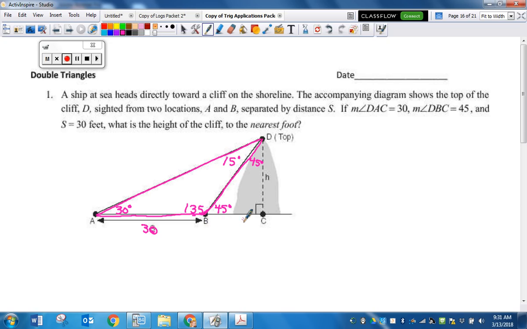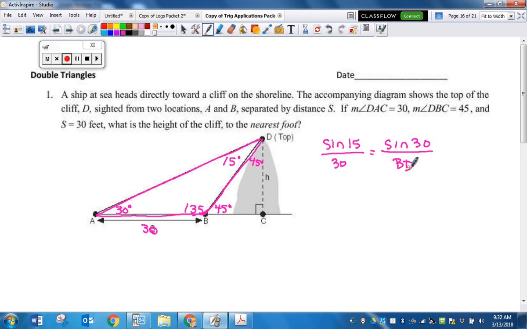You could, again, there's a variety of ways you could do this. You could focus on the bigger one. So I'm going to try to find BD. I know that BD is opposite the 30-degree angle, and I know the angle opposite the 30 side, AB, so therefore I can use law of sines. So the sine of 15 over 30 is equal to the sine of 30 over BD.